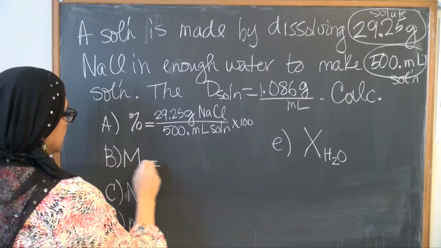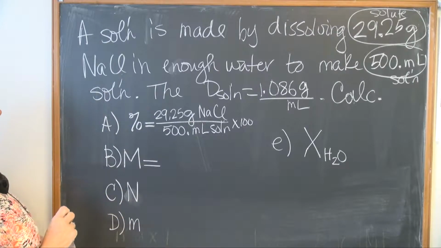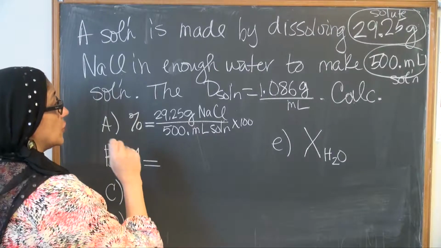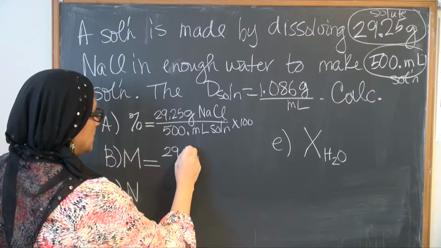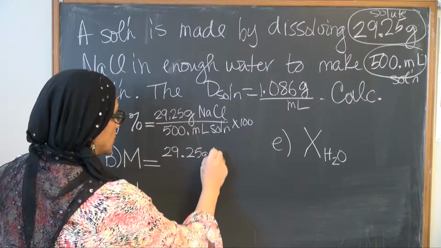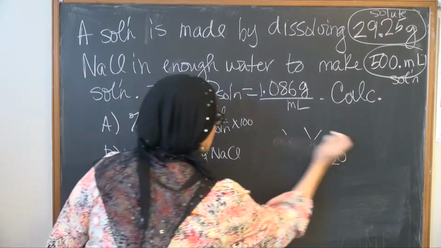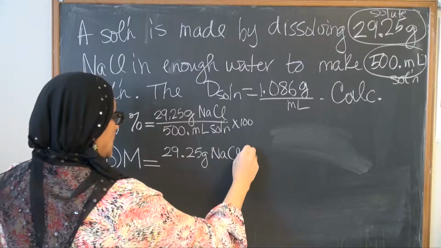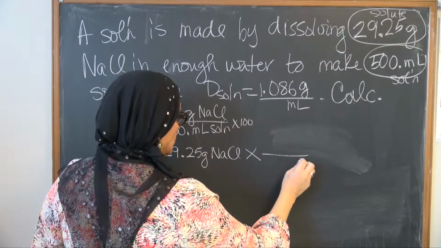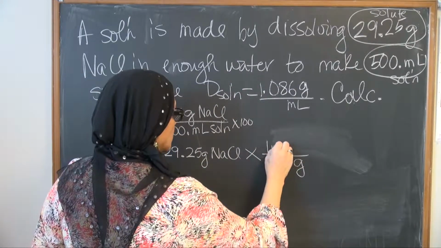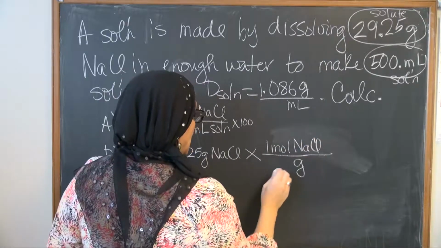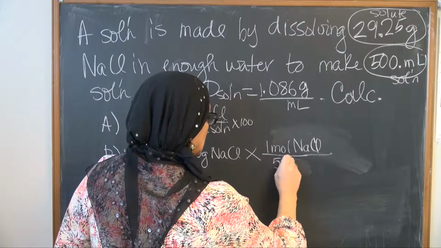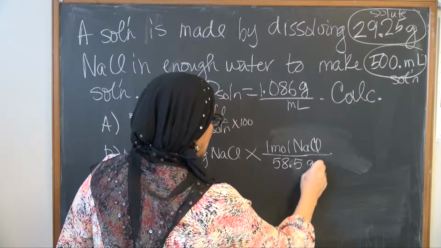Okay, for molarity, we need to determine the moles of solute per liter of solution. So we're going to take the 29.25 grams of sodium chloride times, we have to convert this to moles. We get rid of grams and get to moles. 1 mole of sodium chloride weighs 58.5 grams.